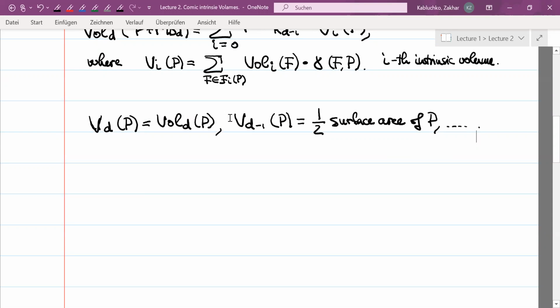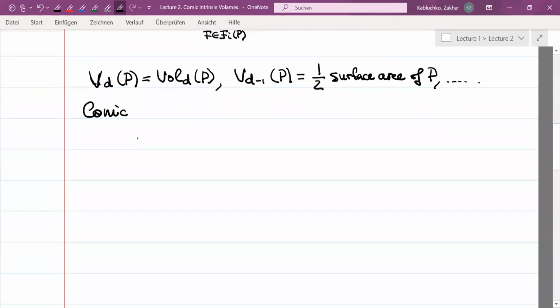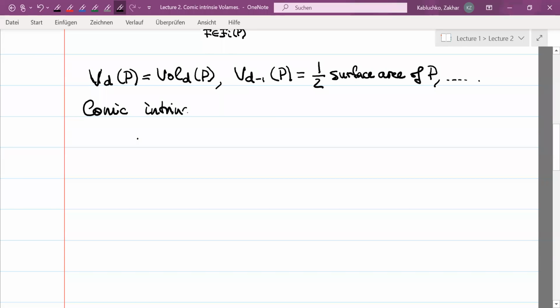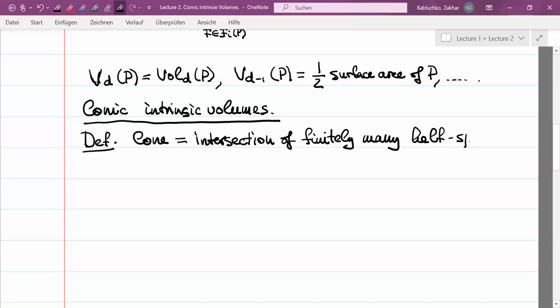So there are many equivalent definitions of conic intrinsic volumes, and here is maybe the most simple one. Conic intrinsic volumes. First of all, these are defined for cones, and here is the definition of a cone. A cone for this talk is an intersection of finitely many half spaces whose boundaries pass through the origin.